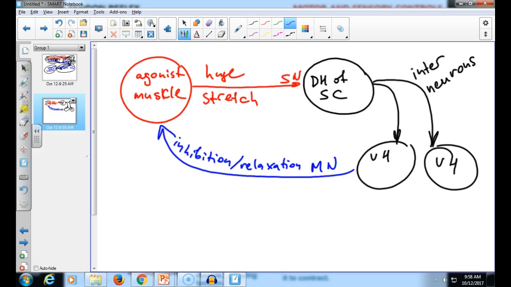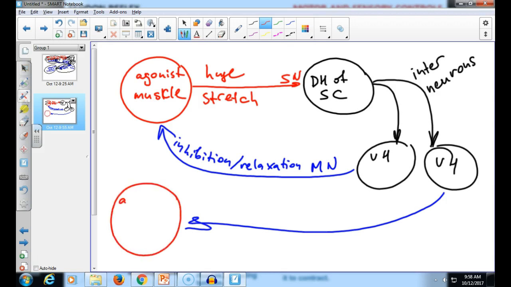What is another output? To the antagonist muscle. And what is the signal? Activation or contraction, right?